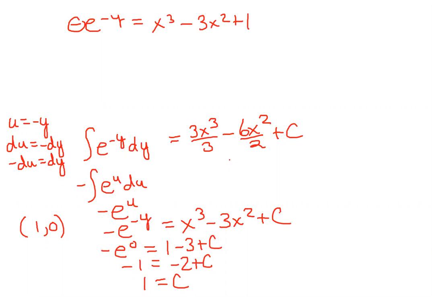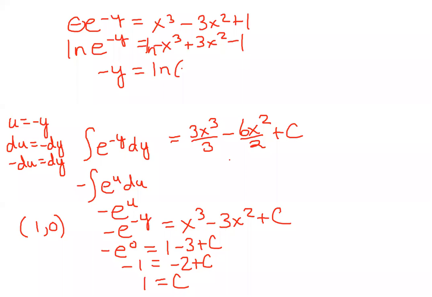I'm going to get rid of this negative, so I'm going to have e to the negative y equals negative x cubed plus 3x squared minus 1. Okay, and then I'm going to take ln of both sides, and I get negative y equals ln of negative x cubed plus 3x squared minus 1. So y equals negative ln of negative x cubed plus 3x squared minus 1.